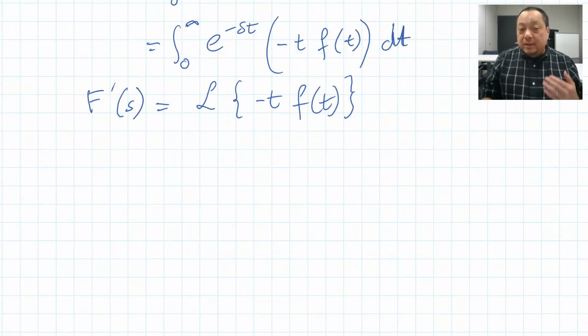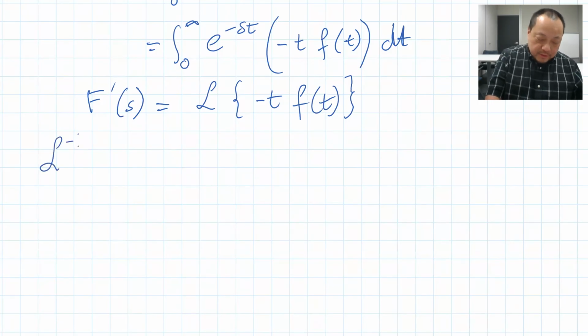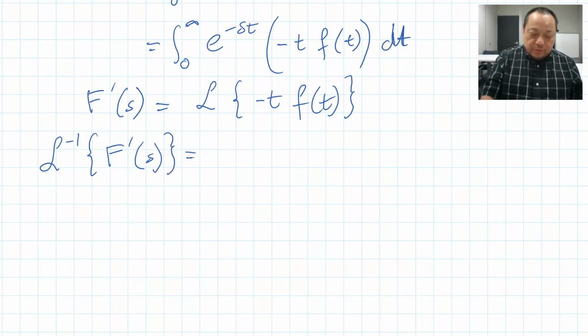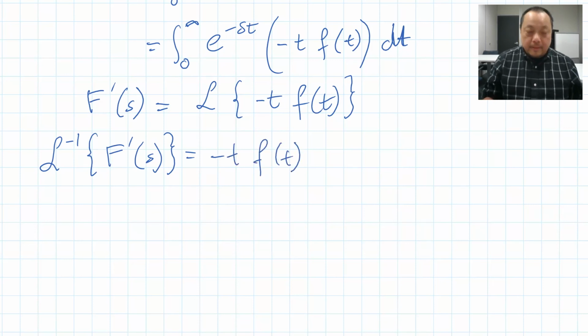Now I'm going to take the inverse Laplace of both sides. Then the inverse Laplace of the left-hand side is going to be equal to the inverse Laplace of the right-hand side, which just cancels out the Laplace, leaving negative t f(t). And what is little f of t again?